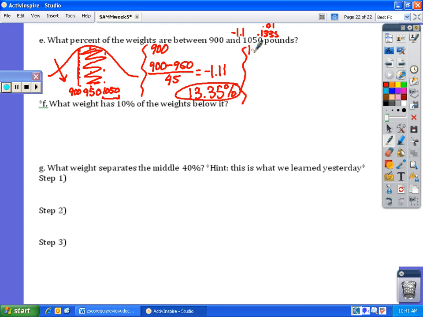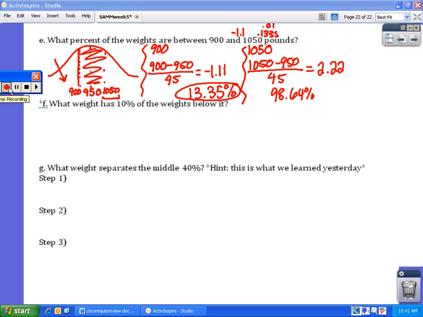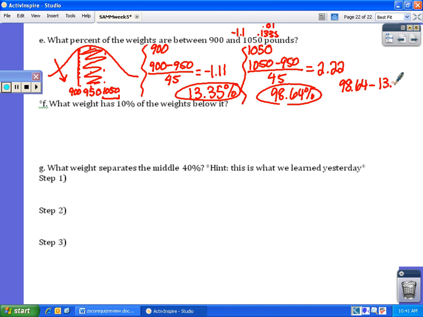I'll do the same thing for 1,050 pounds. I got a z-score of positive 2.22, which corresponded to a percent of 98.64. Then to find the percent that are between those two weights, I will subtract 98.64 minus 13.35, and I got 85.29.